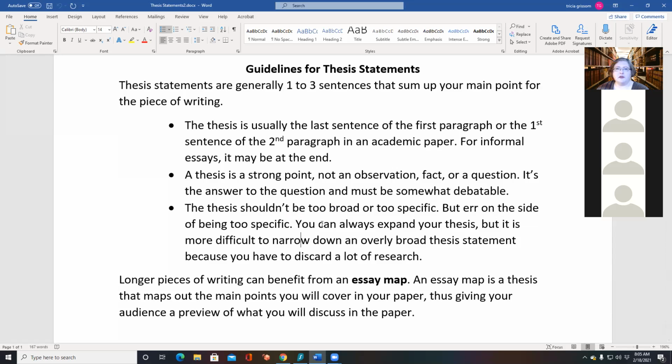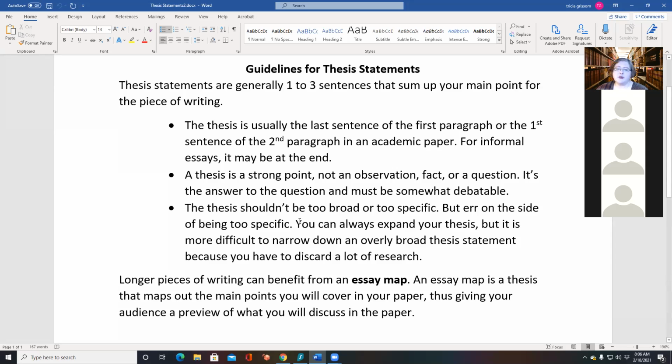You can't talk about all of global warming in 3 pages or 8 pages or even 10 pages. There are entire books written on the subject, on various aspects of the subject. So if there is a book on your topic, generally it's too big for a short paper, okay? You can't get into examples if you don't have enough time because you're trying to talk about too many different aspects of a topic.